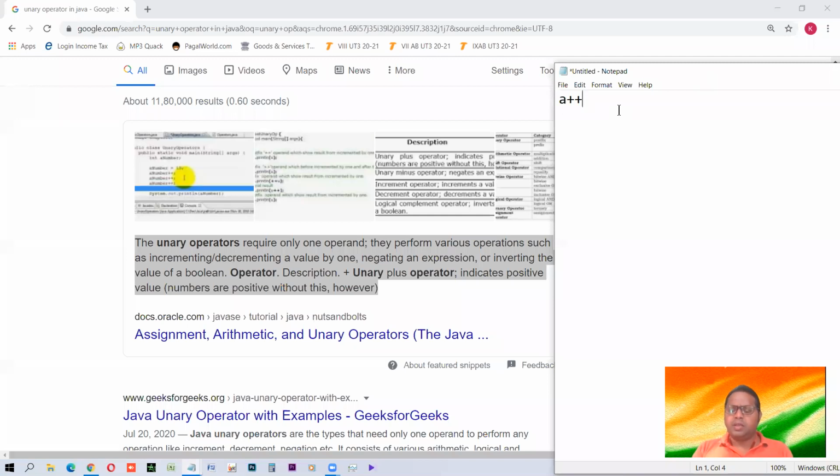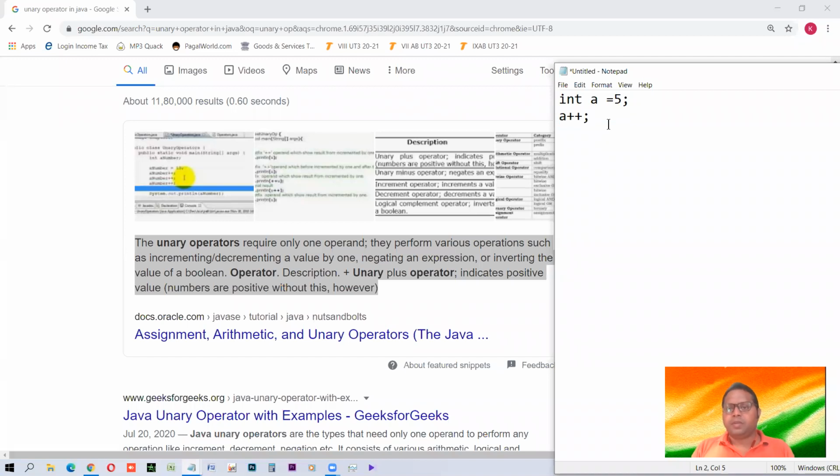It simply increments or increases the value of variable a by one. Means if you're making a variable like int a equals 5 or anything, and after that if you write a plus plus, the value of a will become 6. Why? Because this plus plus, which is called increment operator, is meant to increase the value of a by 1.